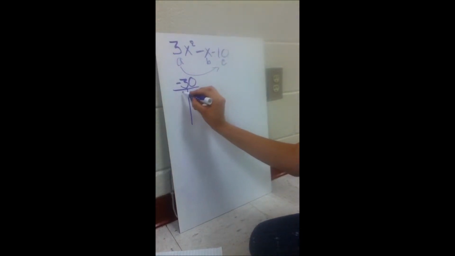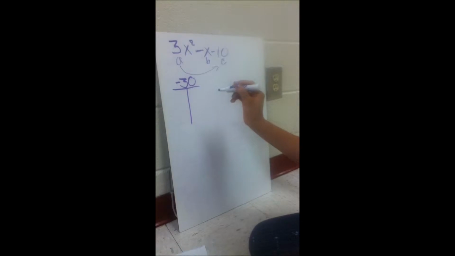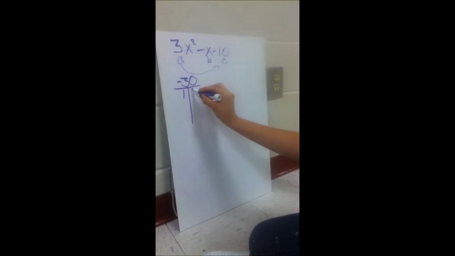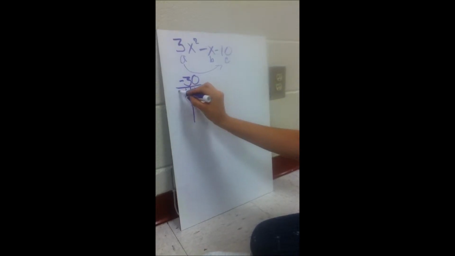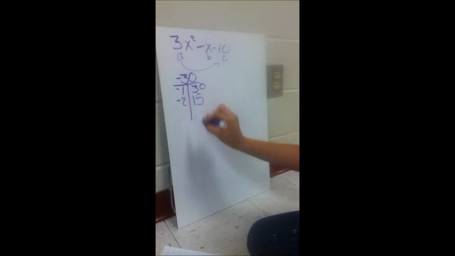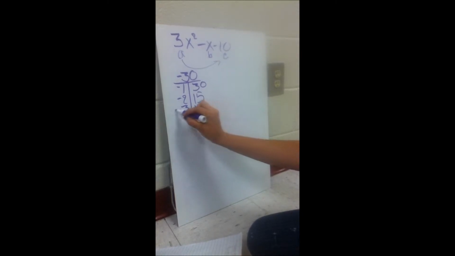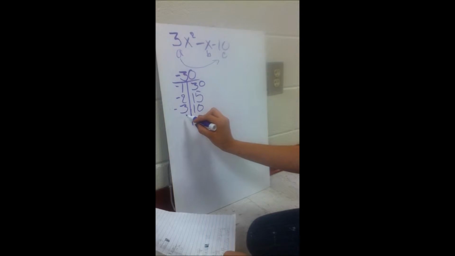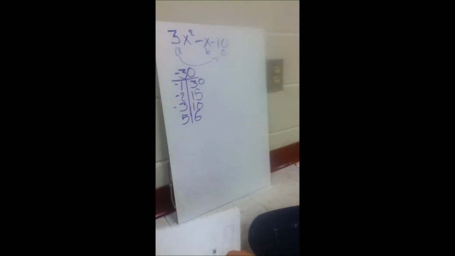First one is 1 and 30, 2 and 15, 3 and 10, and 5 and 6.